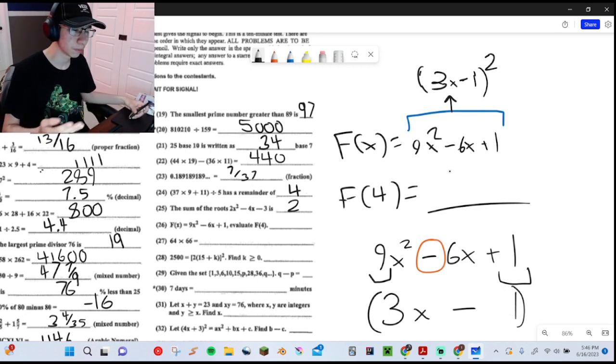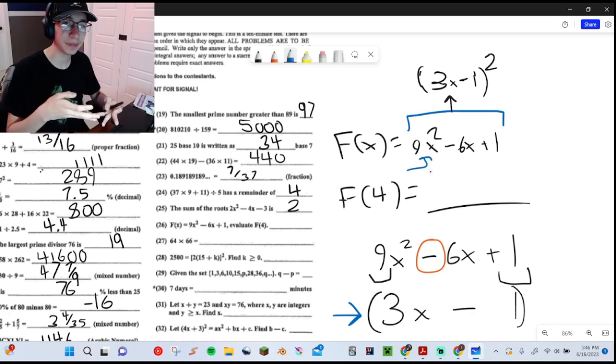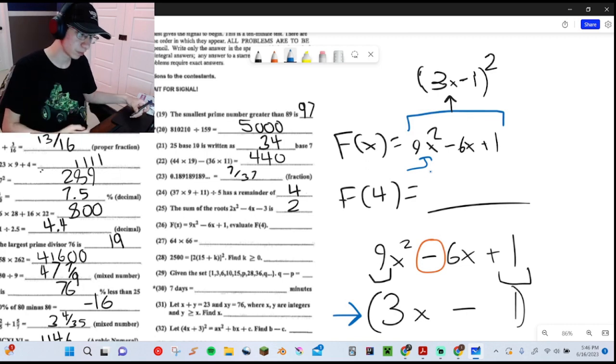And so, because this is 3x minus 1 squared, it's much easier to substitute x into this expression than it is to plug x into this expression. Both expressions give me the same answer, but one takes less time to compute.